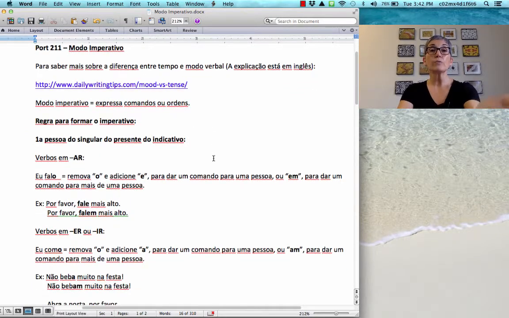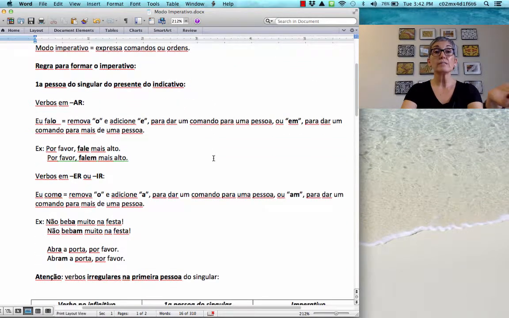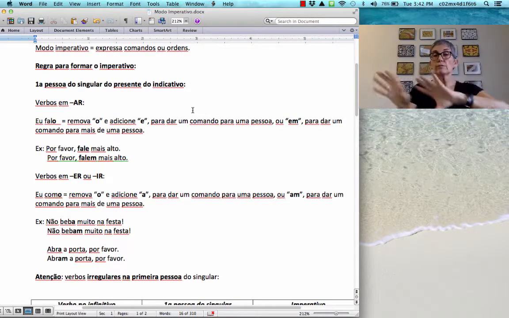So, let's learn the rule, because once you learn the rule, it's very easy for you to form the imperative or the other modes, okay? The subjunctive and the indicative. So, let's see how you do this. Remember that in Portuguese we have the three big blocks of verbs, the regular verbs, the verbs that end in AR, ER, and IR.